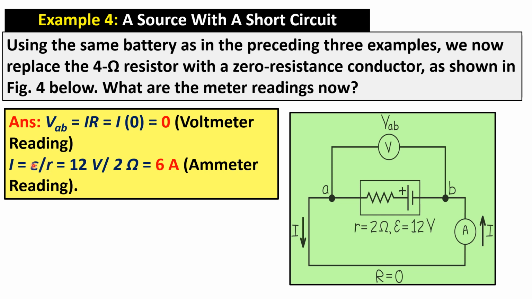Meaning 12 volts, that's the amount of EMF, divided by the internal resistance of 2 ohms, we get 6 amperes. So this is the maximum amount of current that a battery can generate, since there is no external resistance available.